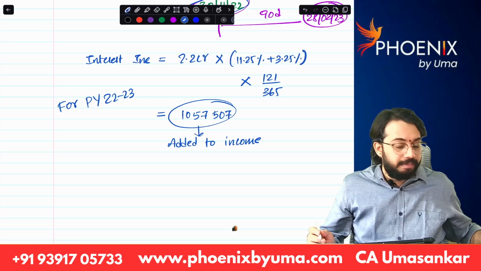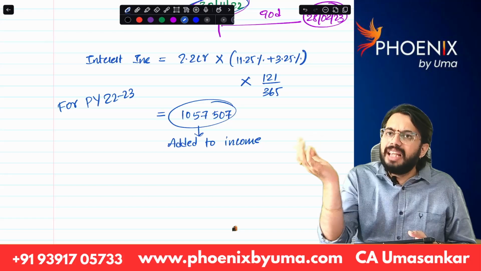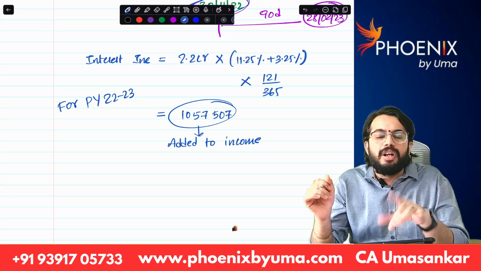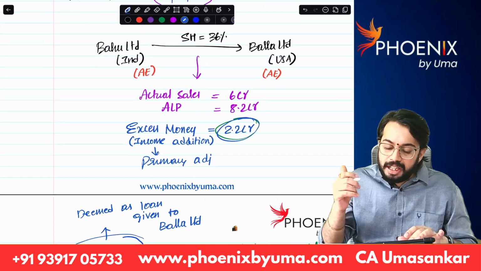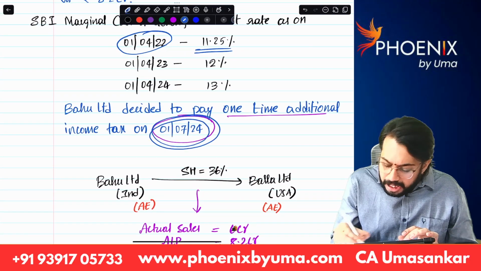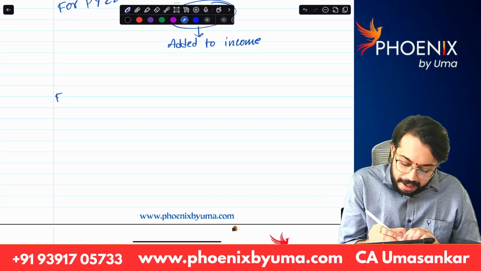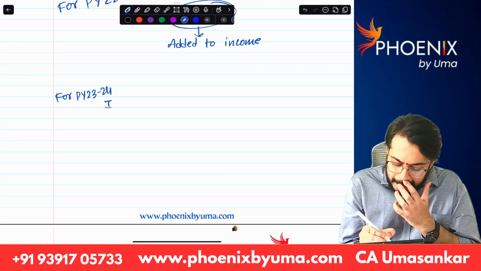Now tell me, in previous year 23-24, whether excess money is brought to India? No. Or in 23-24, whether one-time additional income tax was paid? No. When was one-time additional income tax paid? One-time additional income tax was paid on 1st July 2024. So, for previous year 23-24 also, we need to calculate interest income.